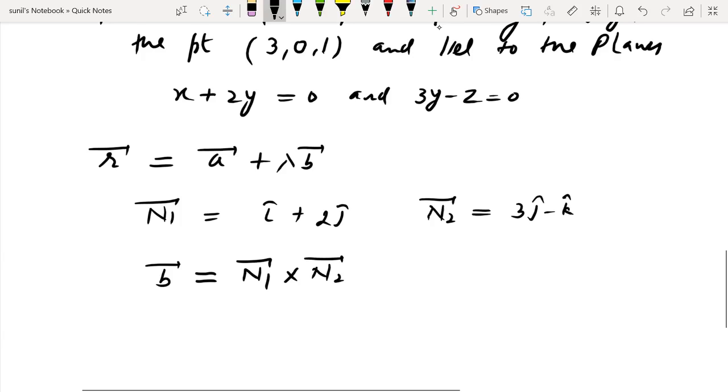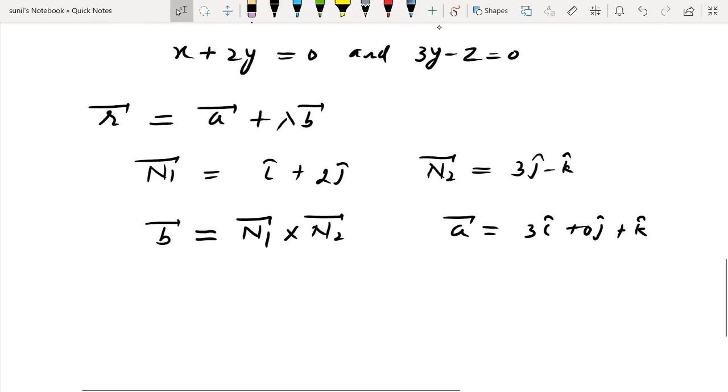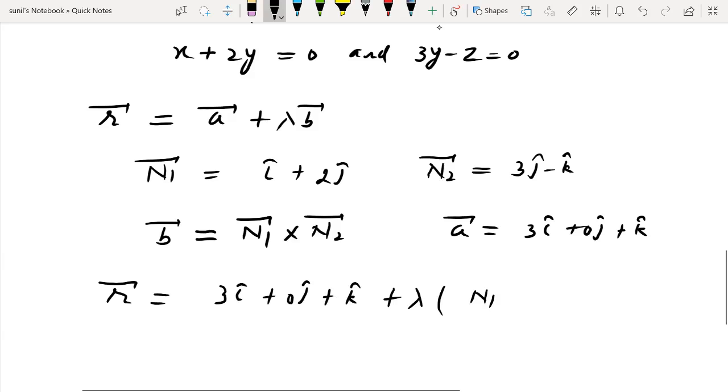So if I take my point a vector as 3i cap plus 0j cap plus k cap, the equation of this line will be simply r vector is equal to 3i plus 0j cap plus k cap plus lambda times n1 cross n2. Simply get the value of n1 cross n2 and we will get the desired equation.